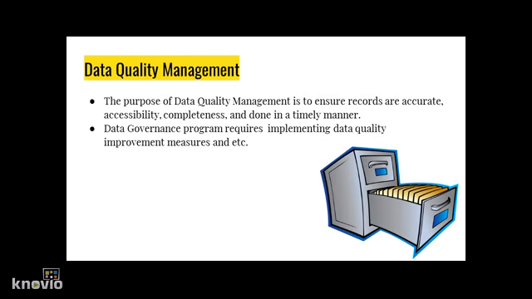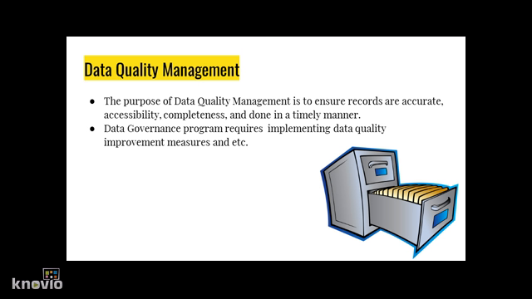The first one being data quality management. On this slide, the purpose of data quality management is to ensure records are accurate, accessible, and complete, and done in a timely manner. That's basically stating that all records that we handle as HIM professionals need to be done within a timely manner.